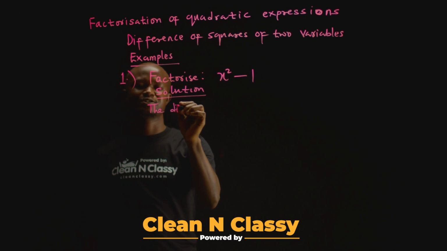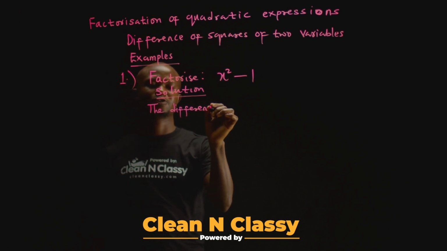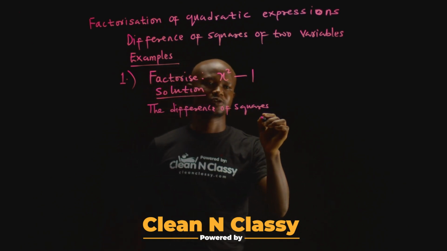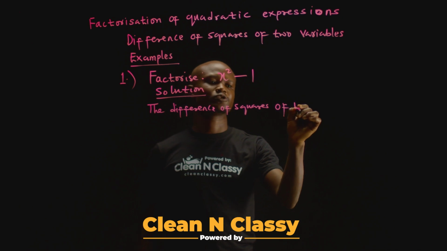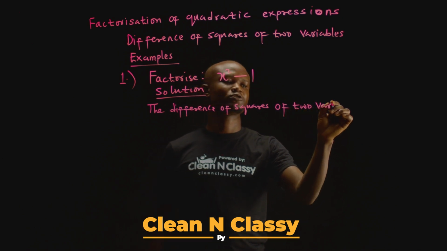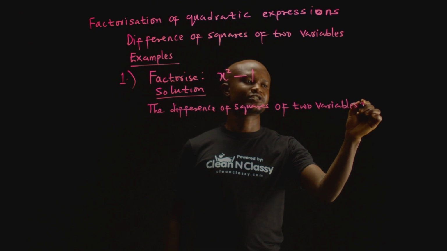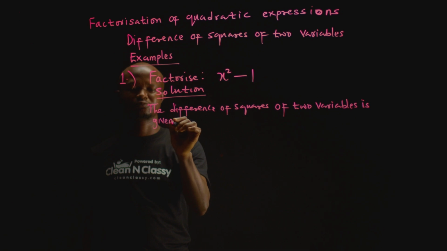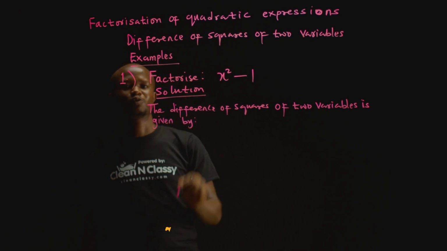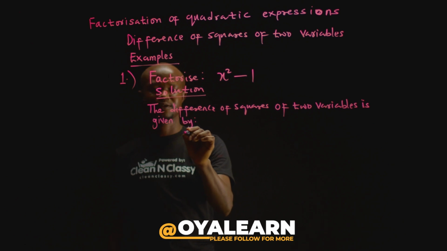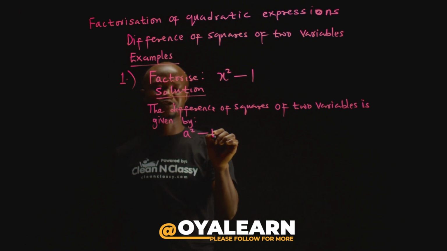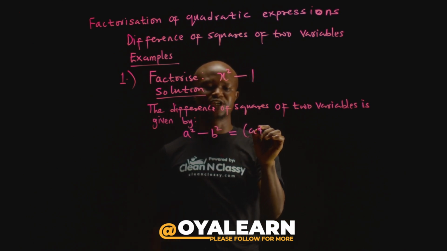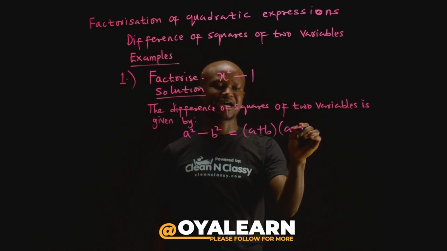The difference of squares of two variables is given by, when you have a squared minus b squared, this will give us a plus b into a minus b.